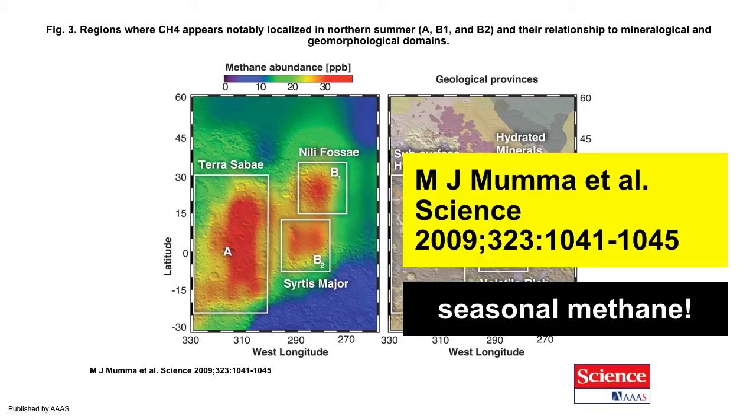This is in the northern summer. It's in the northern hemisphere, up near the North Pole. And so in the summer, they get a little bit more heat, and they tend to get these bright plumes that we can observe from space at this particular location.